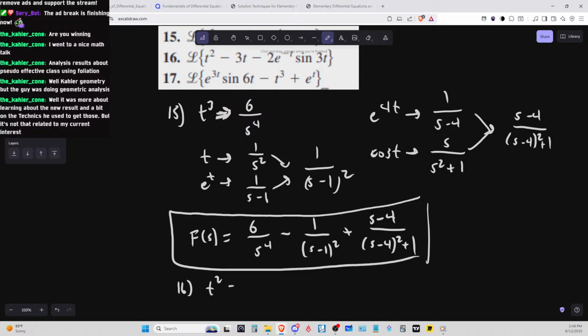So this will lead us to s cubed, and then that will be 2, and then after that, that will be 3. So 3t equals 3 over s to the 2nd.